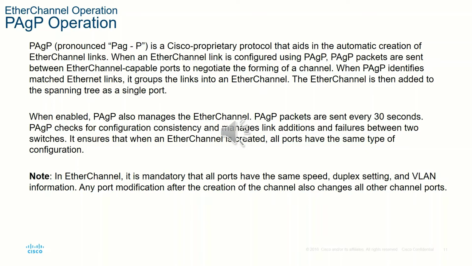During EtherChannel creation, PAgP negotiates between both switches to ensure whether all ports have the same type of configuration or the same characteristics. This is the main responsibility of the PAgP protocol during the negotiation. Importantly, in EtherChannel, it is mandatory that all ports have the same speed, duplex settings and VLAN information. Any port modification done after the creation of the EtherChannel will impact all other channel ports.